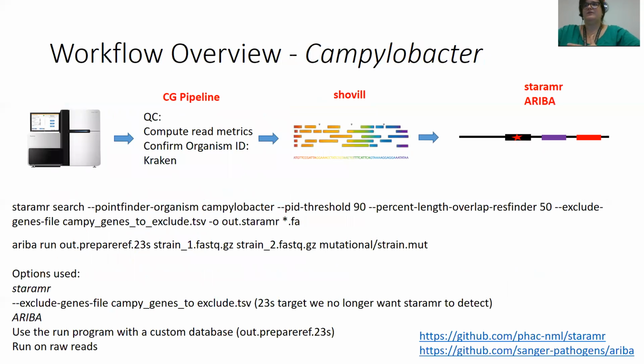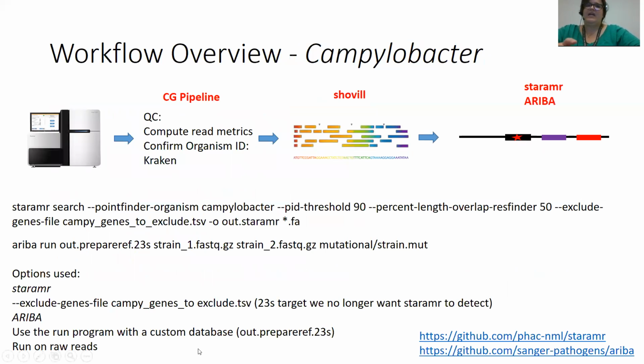So we still use StaR-AMR to detect the resistance genes, but also some of the other resistance mutations in single copy genes. But we feed in this Campy genes to exclude TSV, and that includes the 23S target that we no longer want to call from the assembly.